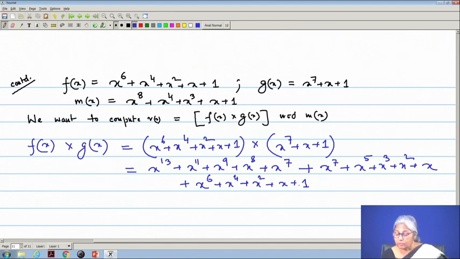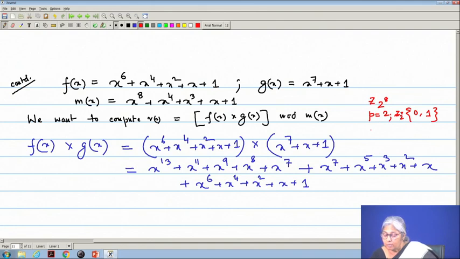Now, the coefficients are either 1 or 0 because we are considering GF 2 to the power 8. That means my p is 2, and my field is built on Z 2. Z p is Z 2, so it is 0 or 1. That means my coefficient a can be either 0 or 1.